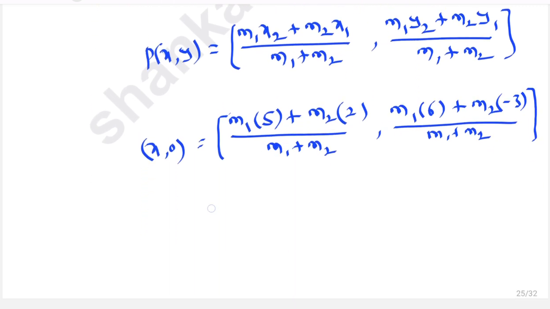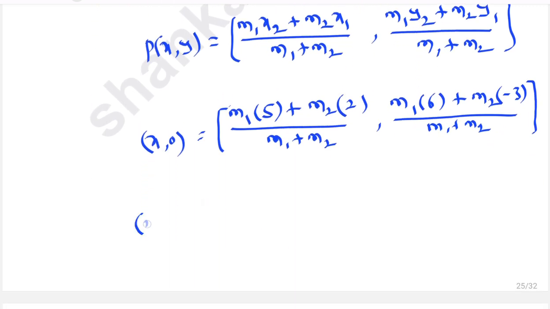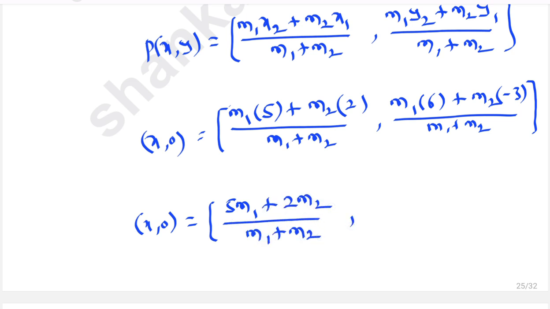Now (x, 0) on simplification, (5m1 plus 2m2) by (m1 plus m2), comma (6m1 plus minus 3m2) by (m1 plus m2).